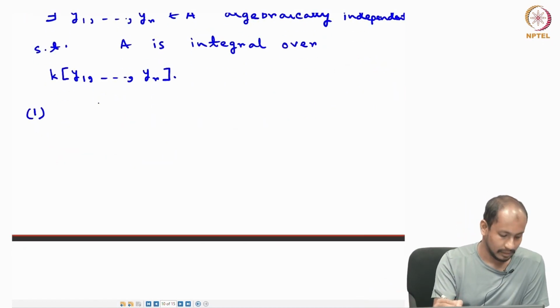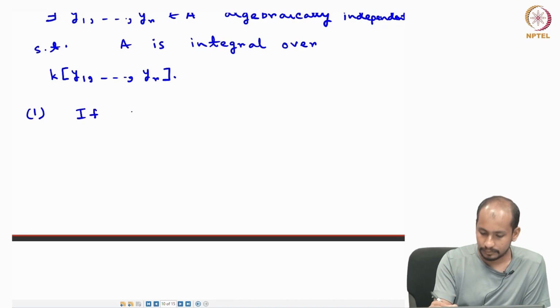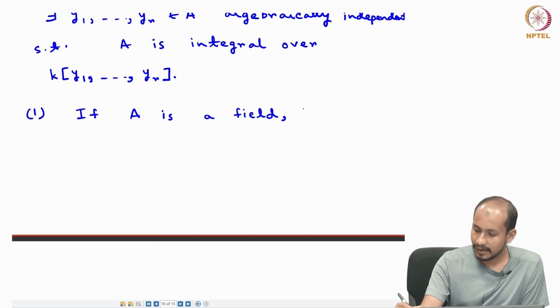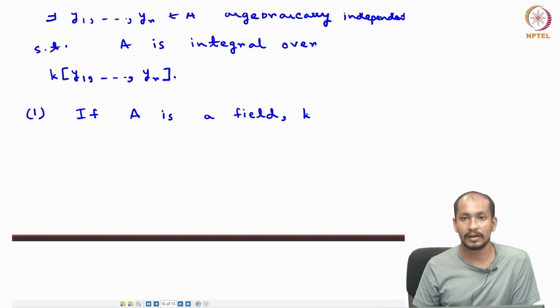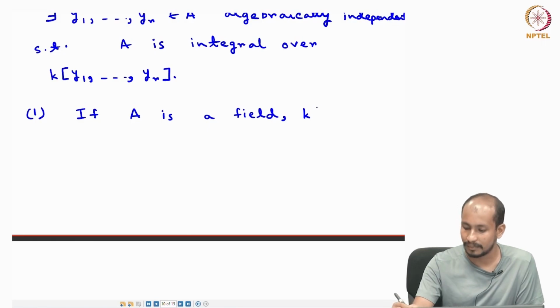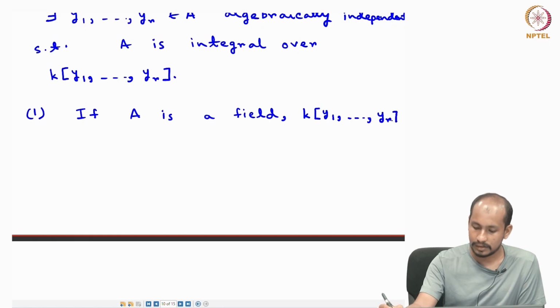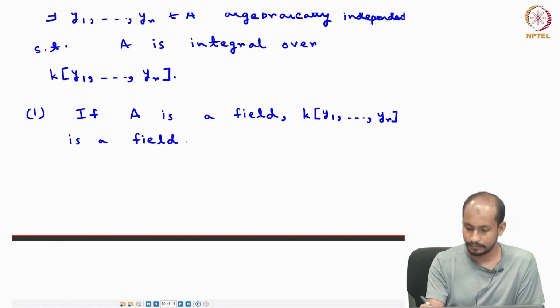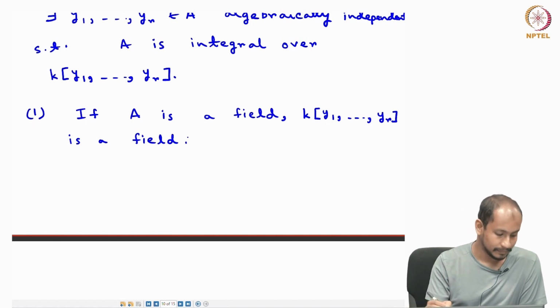Now if this A is a field, then from the properties of integral dependence, which we have already seen in the first few lectures, this K[y1, ..., yr] will also be a field. This follows from the properties of integral dependence. Okay.